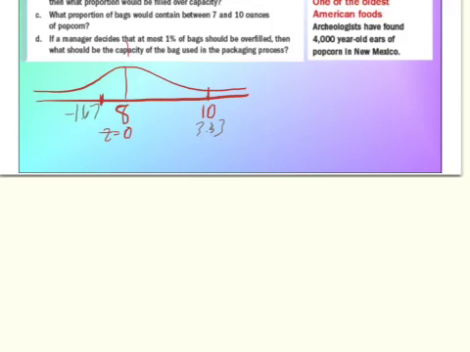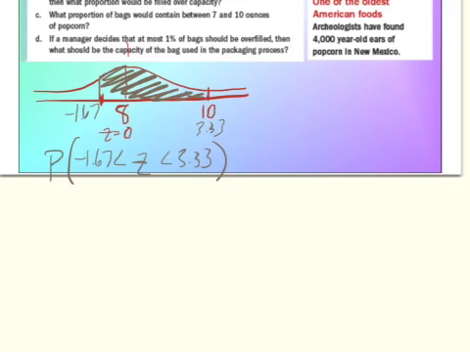And the question is, what portion of the bags would contain between 7 and 10 ounces of popcorn? So what's the probability the z-score is in between negative 1.67 and 3.33? If you shade that, we're talking about this shaded region here. And what I would do is just combine together what we already have.